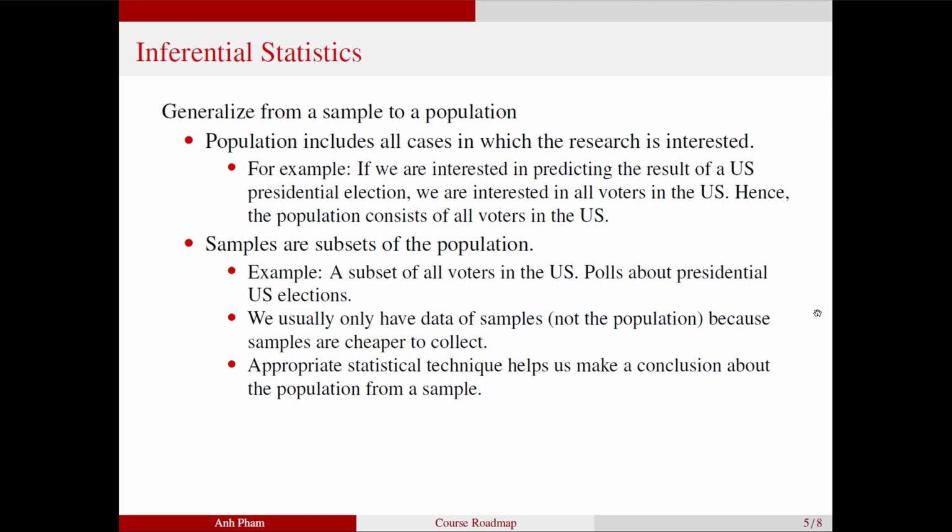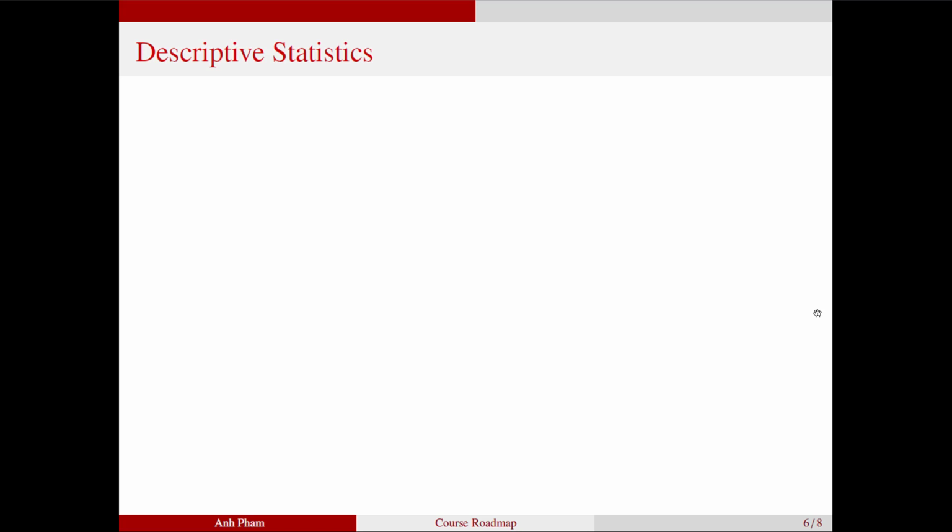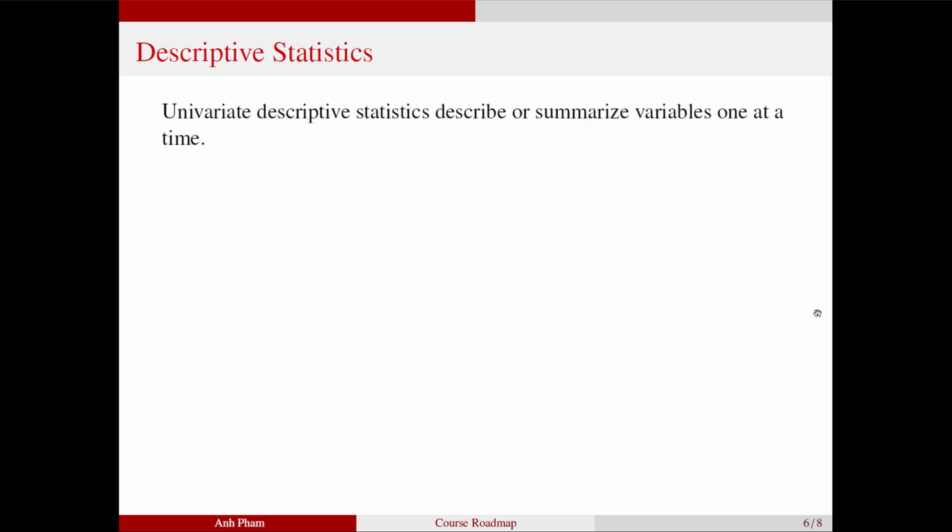So that is inferential statistics, where we have a sample, but inferential statistics is going to help us make a conclusion about the population, which we don't usually have. So what is descriptive statistics?